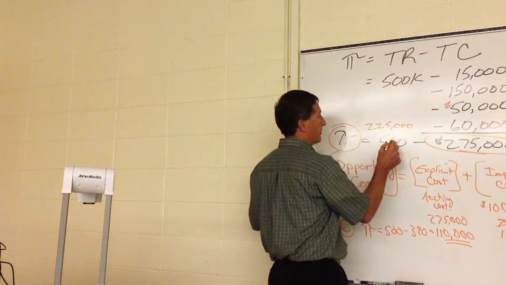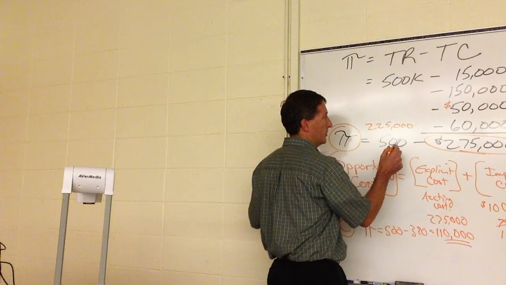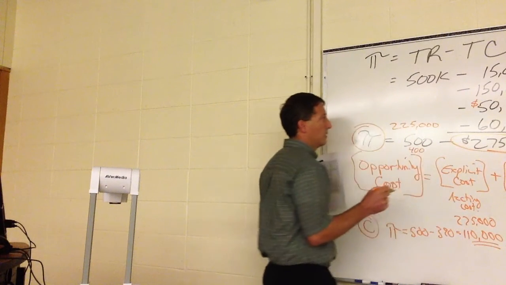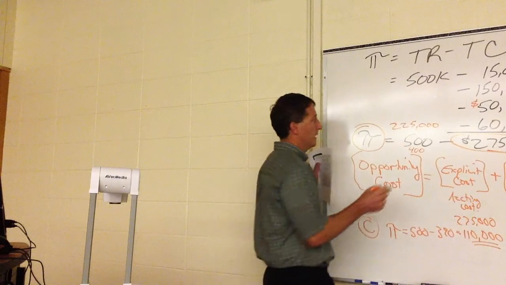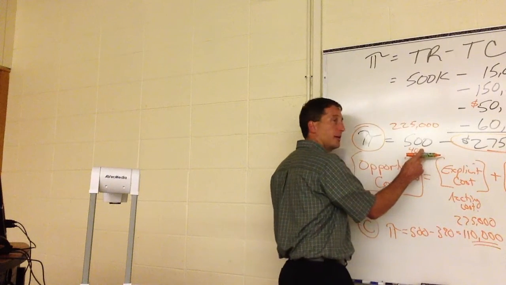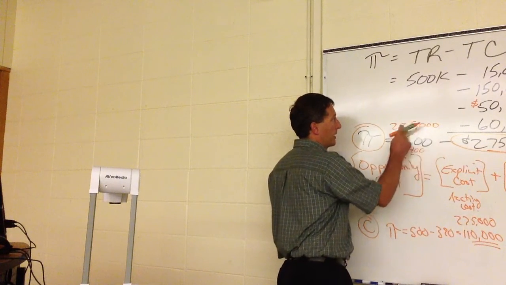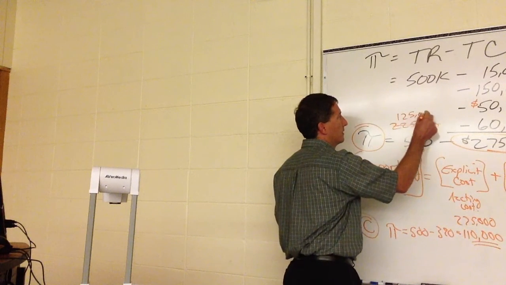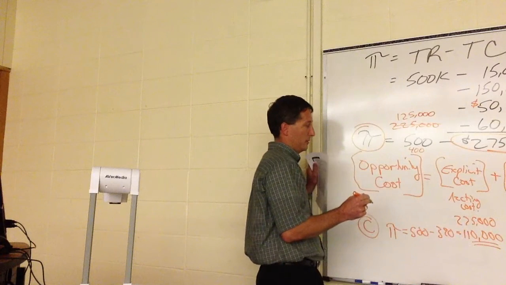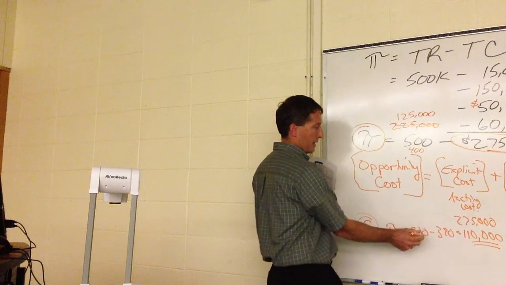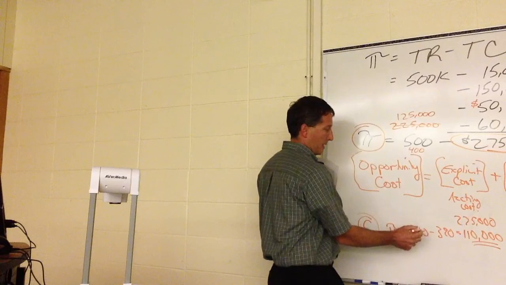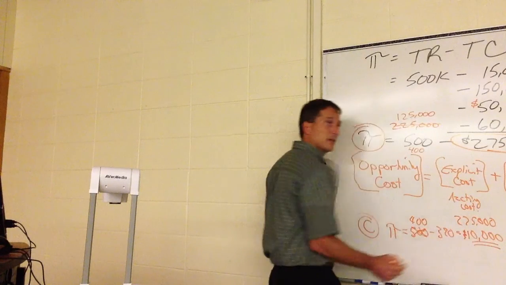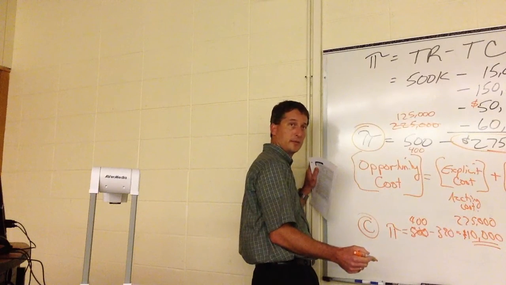If revenues fell to 400, and we wiped out 100 out of this, then he's really only making 125. But down here, he'd still be up 10, which is good.